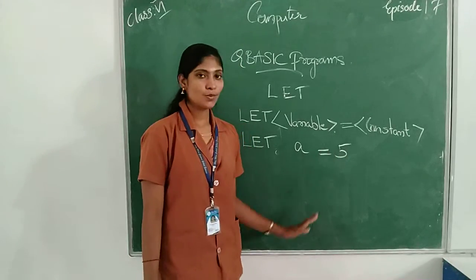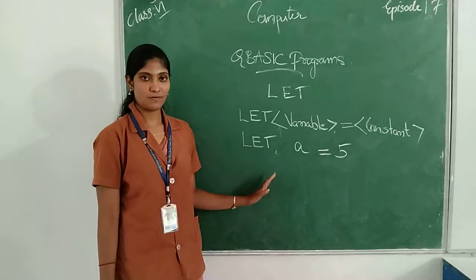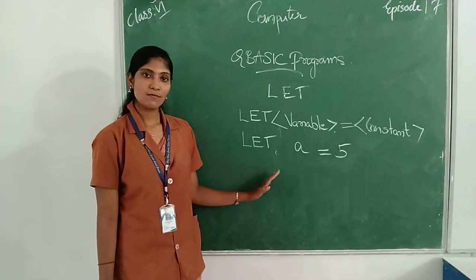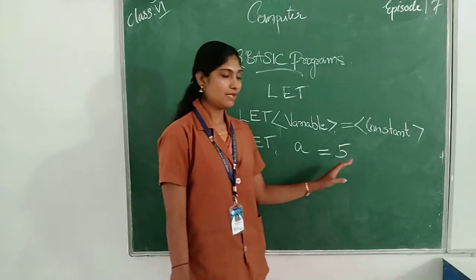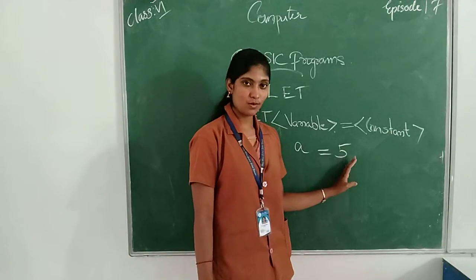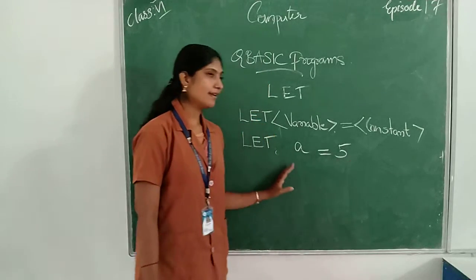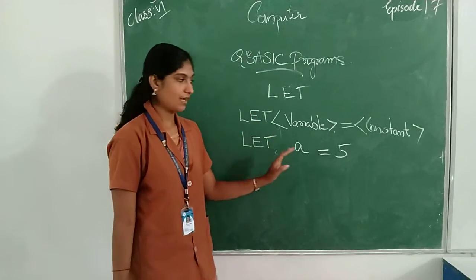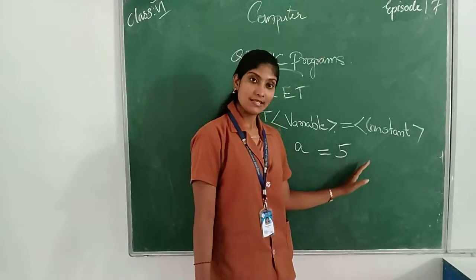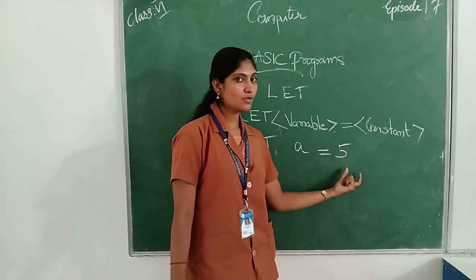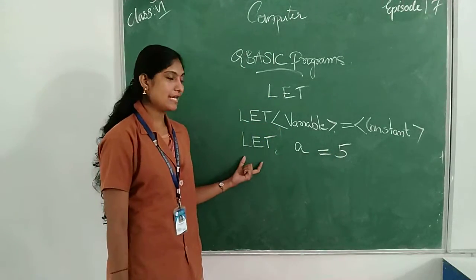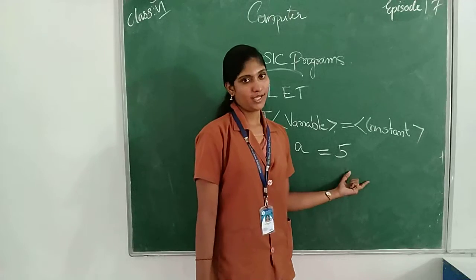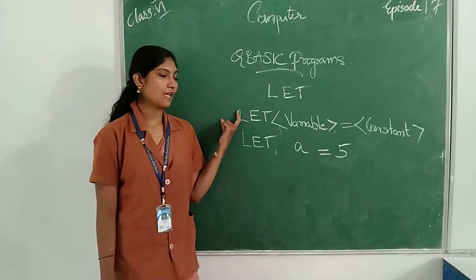That means equal represents the assignment operator. Equal is the assignment operator. That means here 5, the constant value, is assigned to the variable a. The value 5 assigned to a means it is copied to the variable a. That is LET a = 5. So what is the purpose of LET?